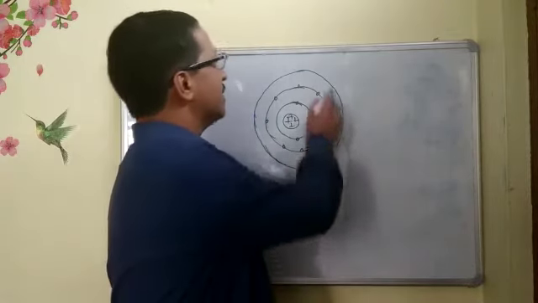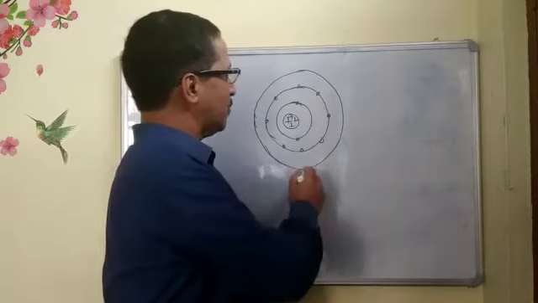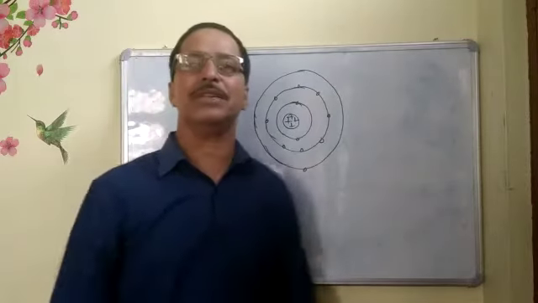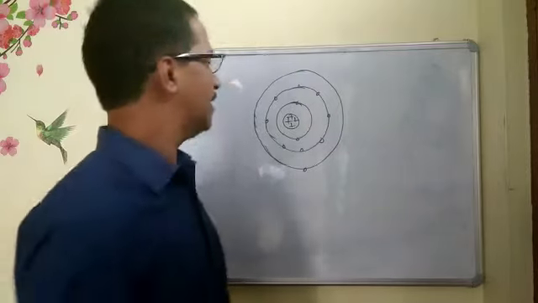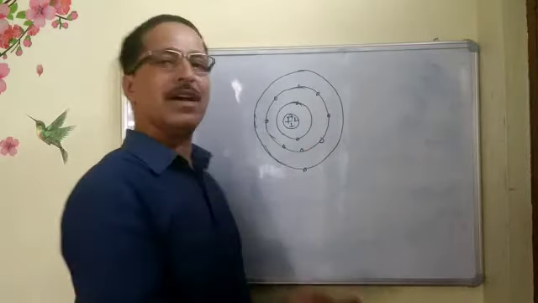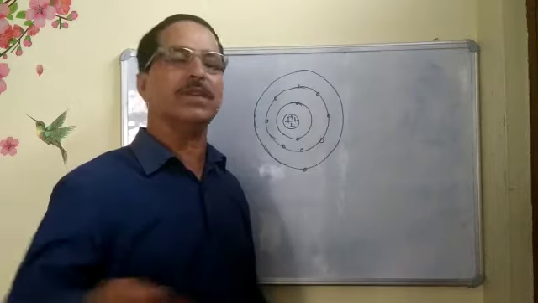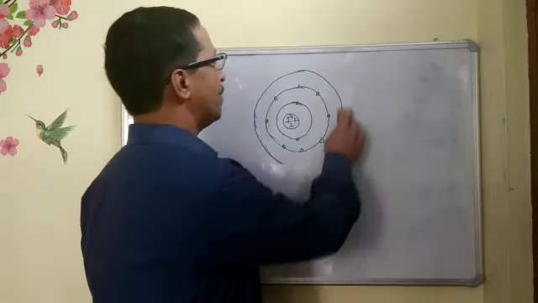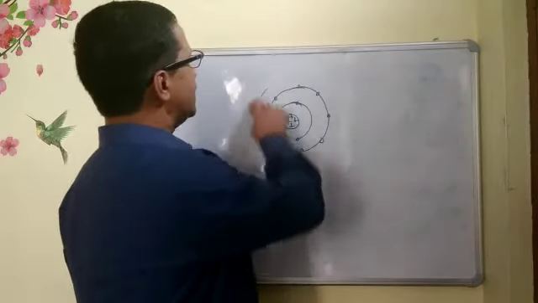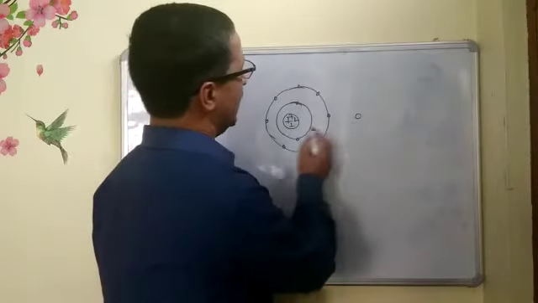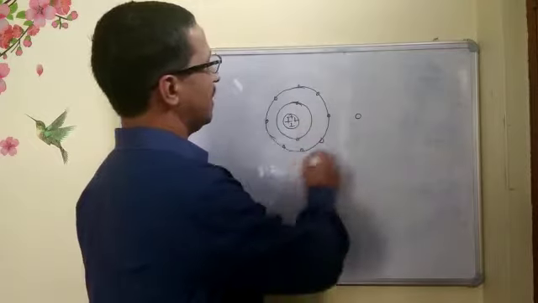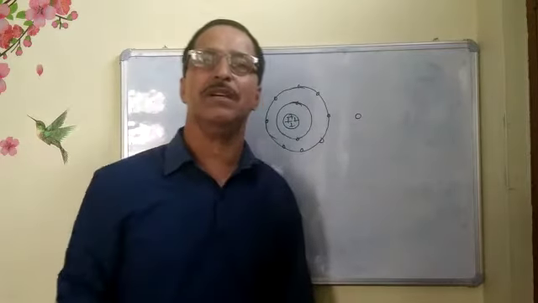In metals, the force of attraction between the electron in the ultimate orbit and the nucleus is so small that these electrons are able to jump out from the atom and become free. When they jump out from the atom, they leave behind an ion which is positive and stationary.